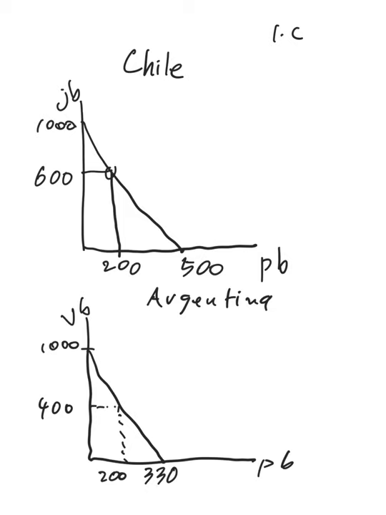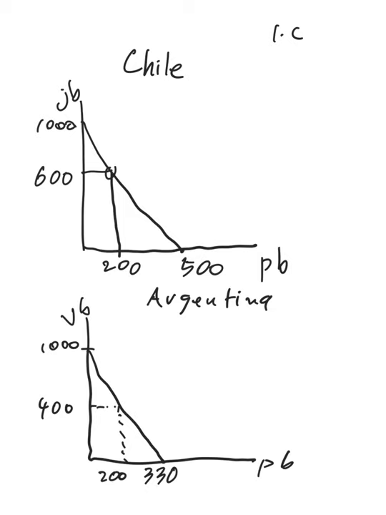Question 2. Which country has comparative advantage in jelly bean production? That means if a country wants to produce more jelly beans, which country makes the smallest sacrifice in terms of peanut butter? Well, that country is Argentina. If Argentina wants one more jelly bean, Argentina only has to sacrifice 1/3 of a unit of peanut butter.